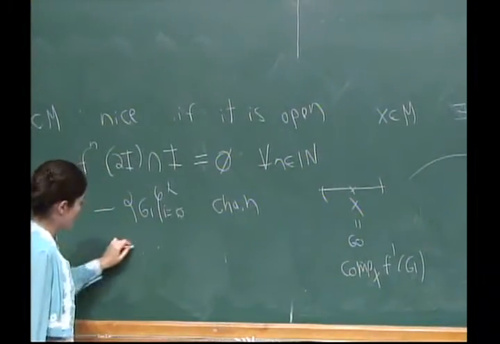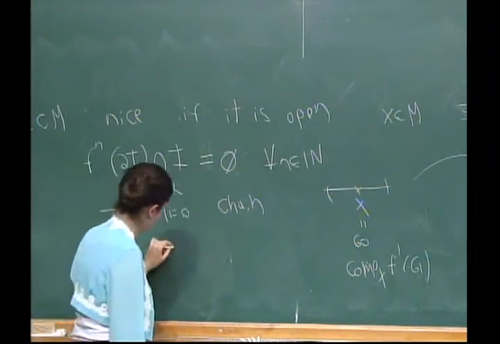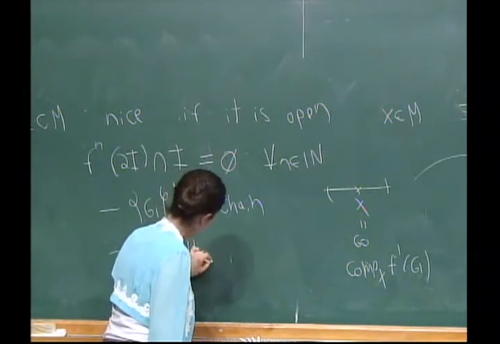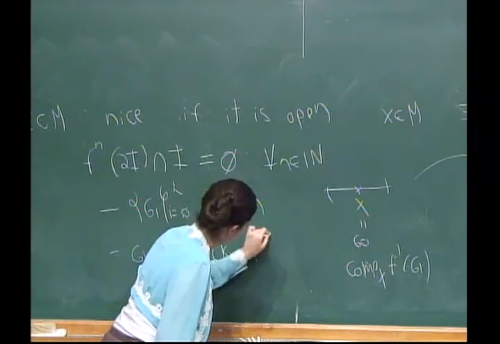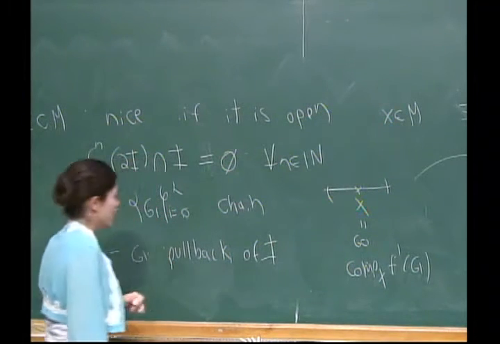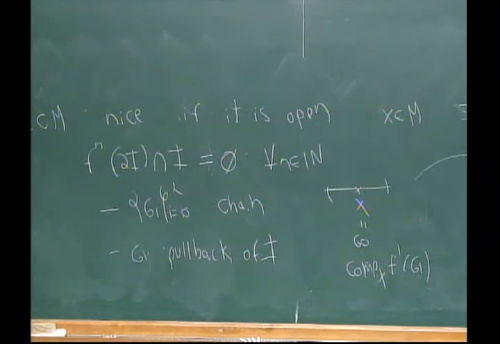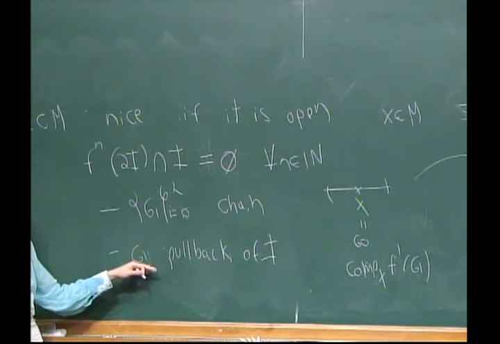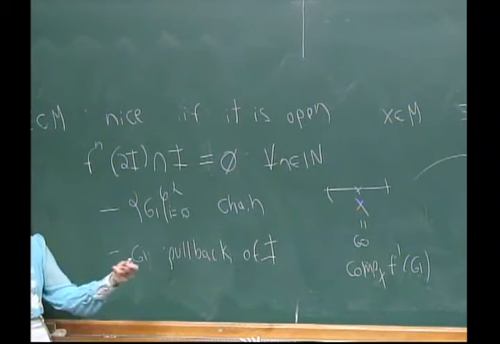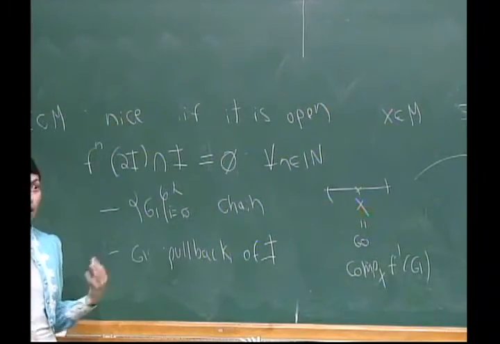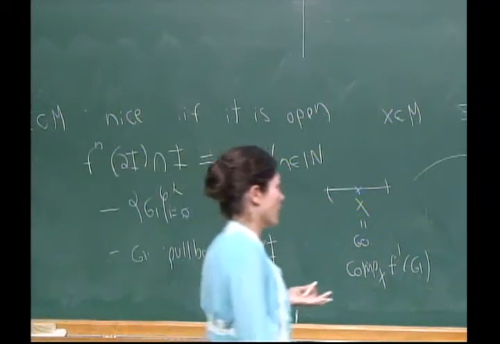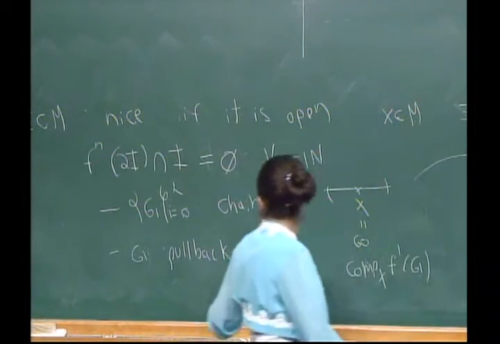And each element, g_i, is called a pullback of I. Now, if the interval is nice, pullbacks of the interval have nice properties. For example, any two pullbacks of a nice interval are either nested or disjoint. And that will be a quality that we would like to have.